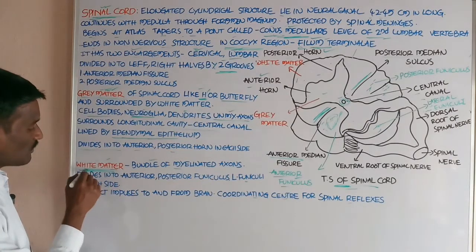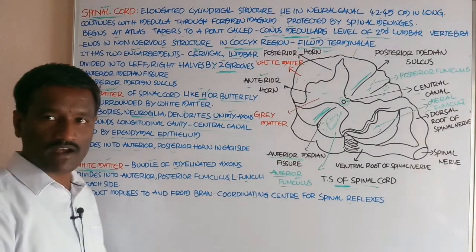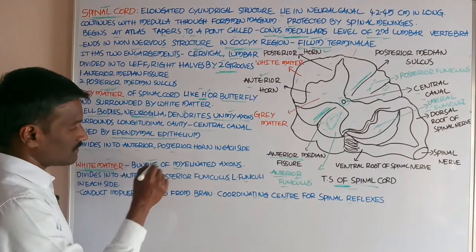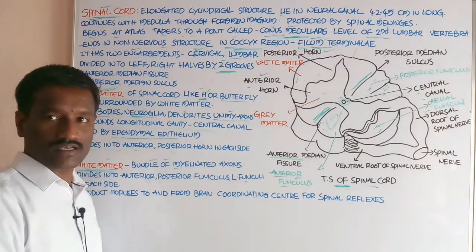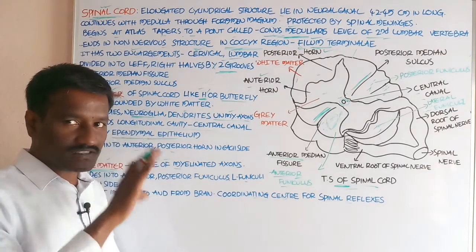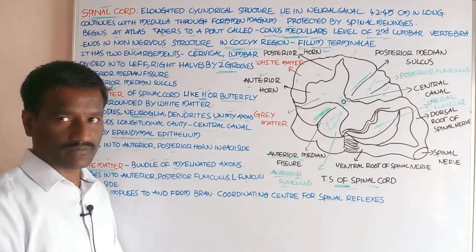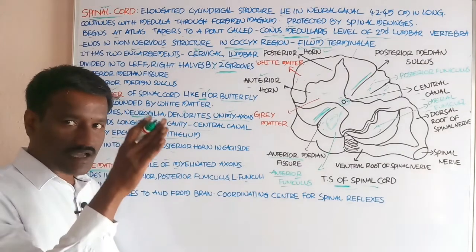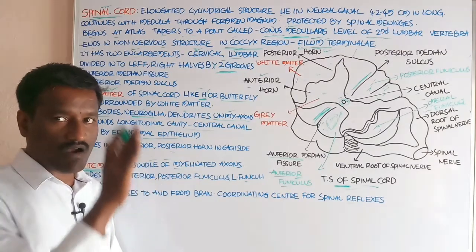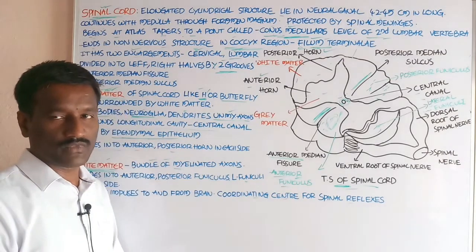Next, what about the white matter of the spinal cord? The white matter consists of bundles of myelinated axons. Only axons are present, not the entire part of the neuron.